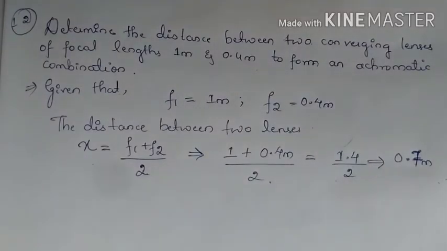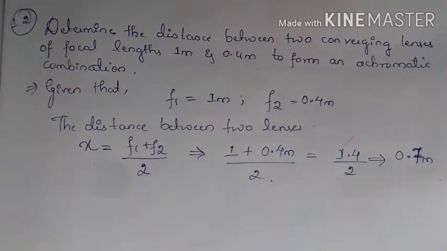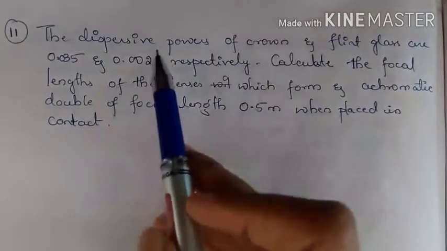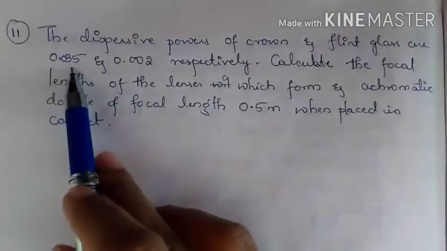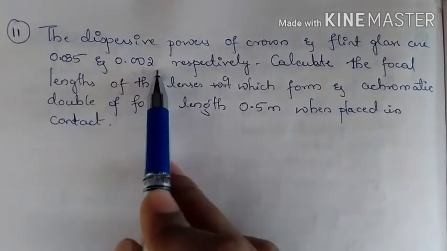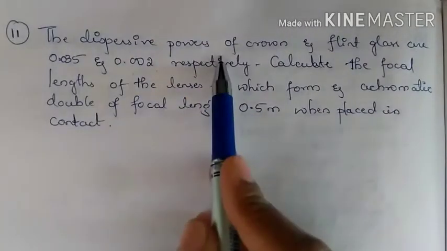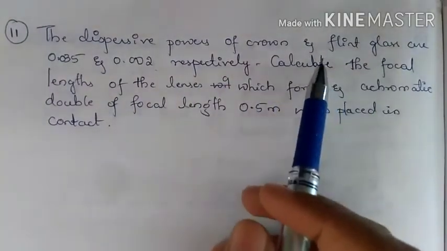Now let us move to the 11th question. The dispersive powers of crown and flint glasses are 0.035 and 0.002 respectively. So he has given the dispersive powers of the crown and flint glass.